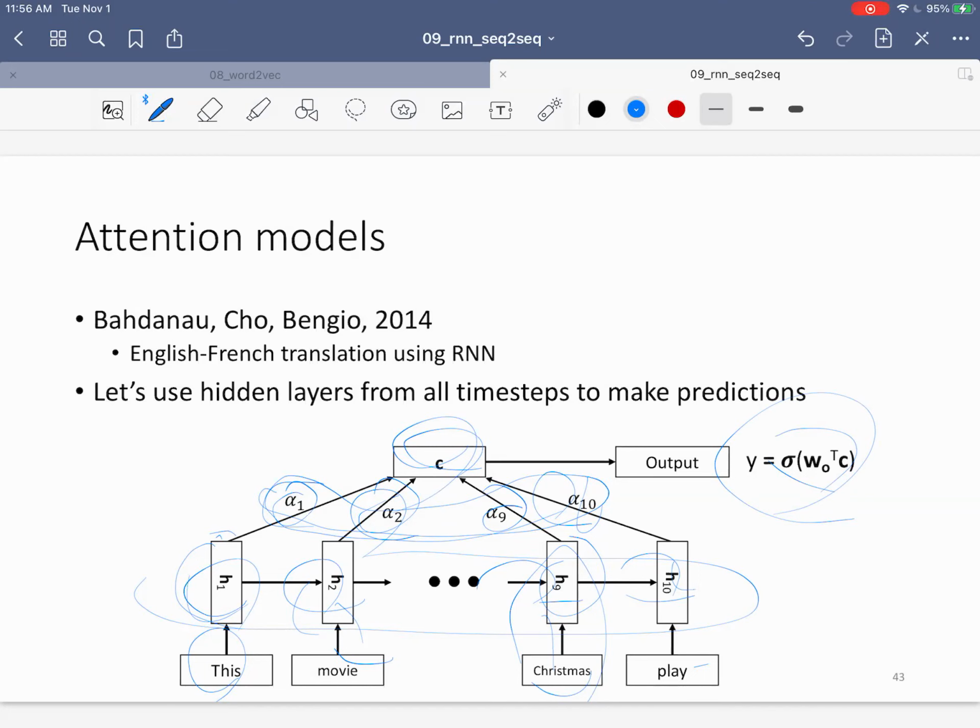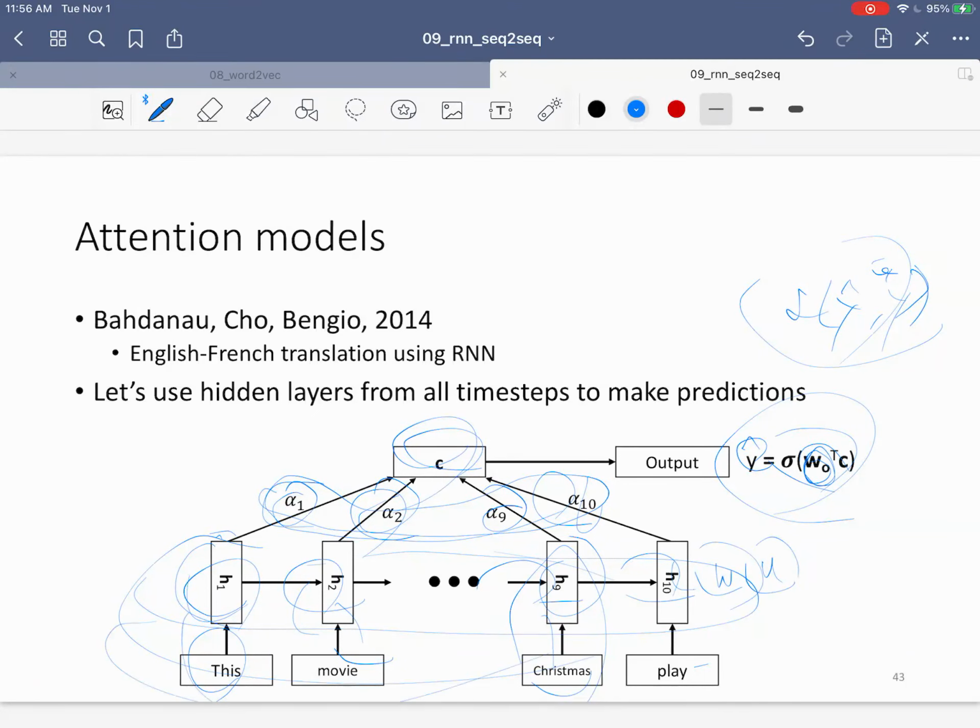Your NLP, your A function, is also trained at the same time as your RNN, because as you do so you have y hat, and you have your loss function. So if you do a back propagation with respect to this loss function, then your WO will be updated, and your W's and U's here will be updated in the RNN.